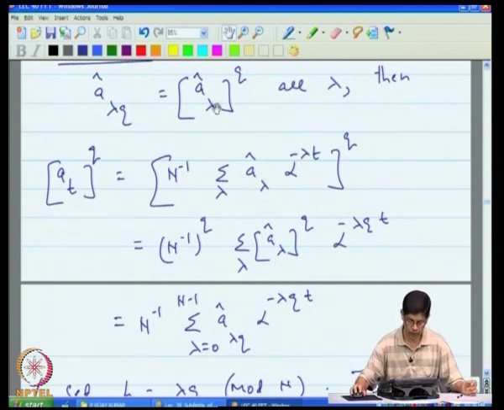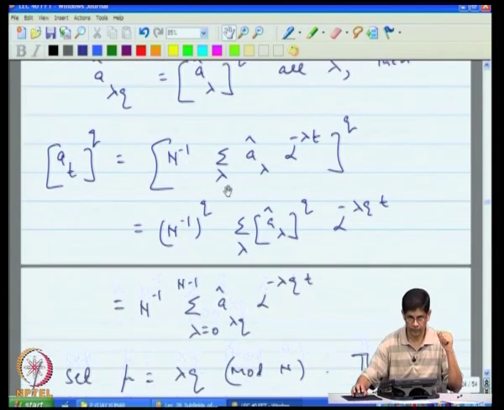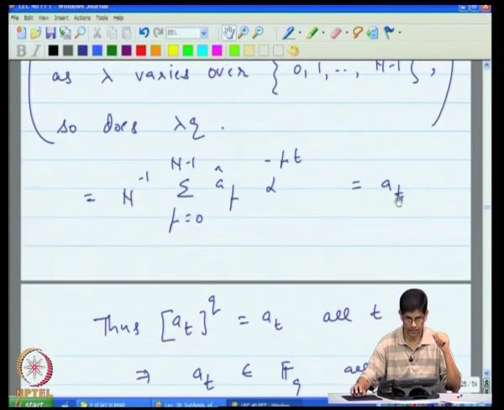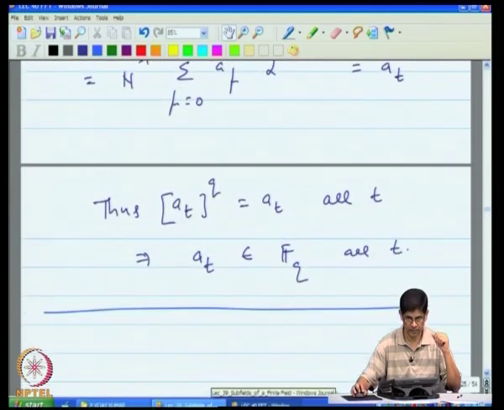Basically, the way you show that this implies that the sequence is in the ground field is to apply the membership test. So, what you try to do is show that A sub t to the q is A sub t again, and so this is your starting point, and then after some massaging you can bring it to the point of A sub t, which proves that it is in the ground field.